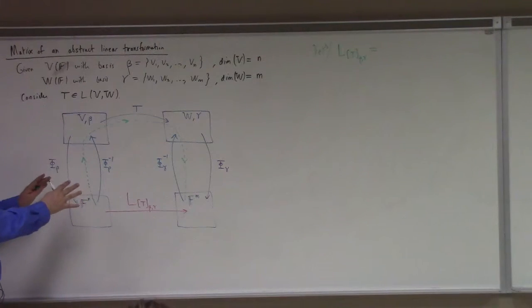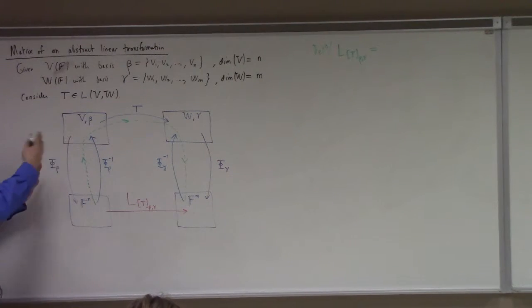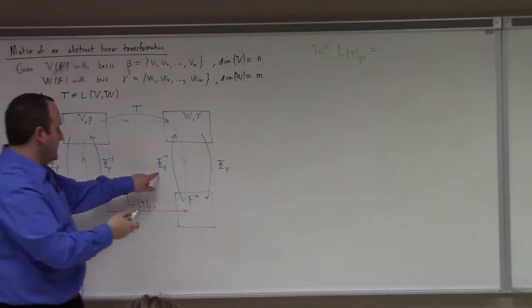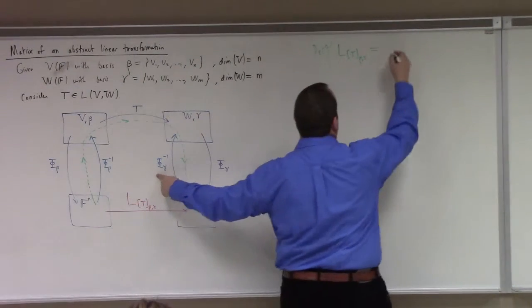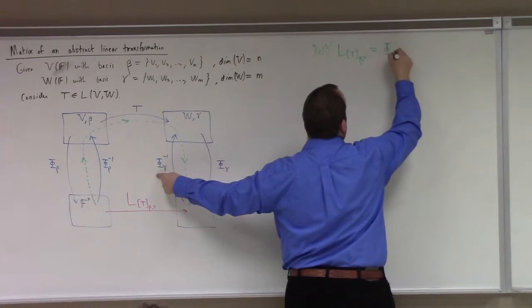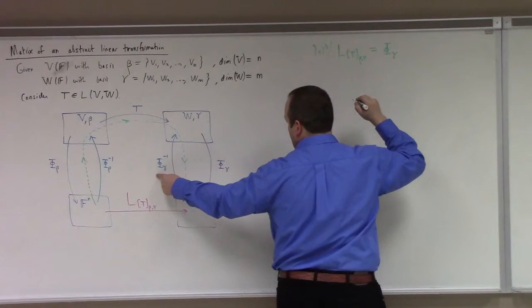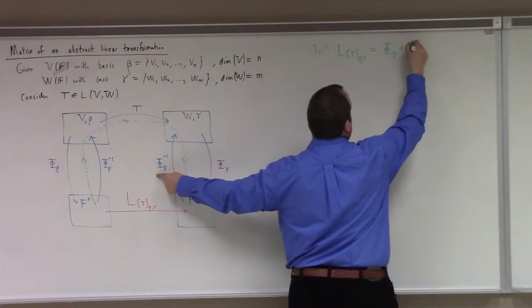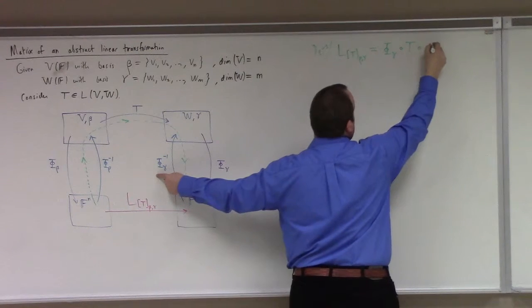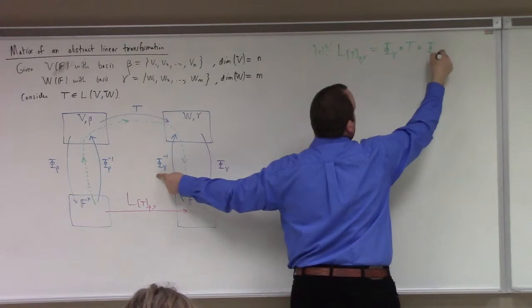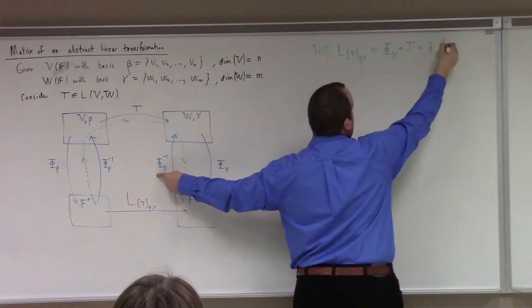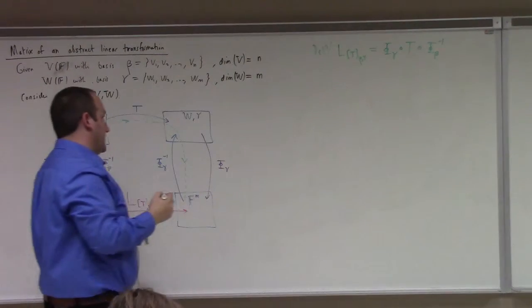Now, composition is a funny thing. The thing that goes first in the diagram goes last because of how we write function composition. So I start with phi gamma, then T is in the middle, and then phi beta inverse. And that's function composition there.